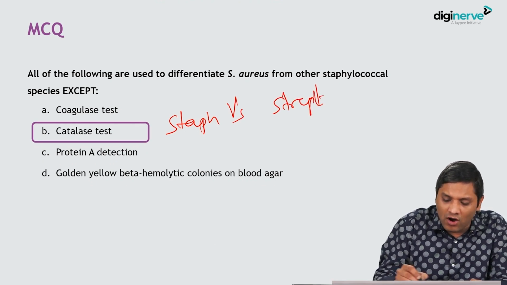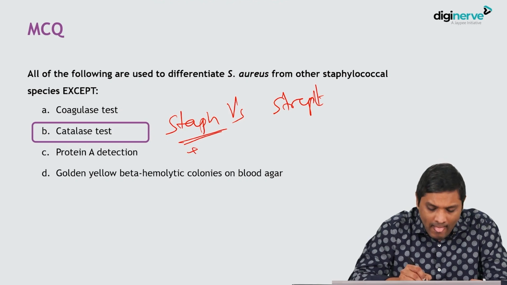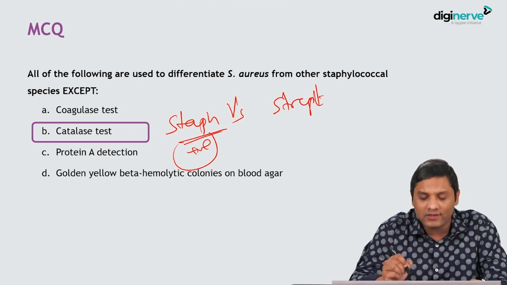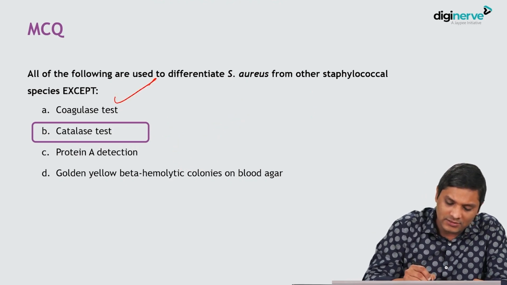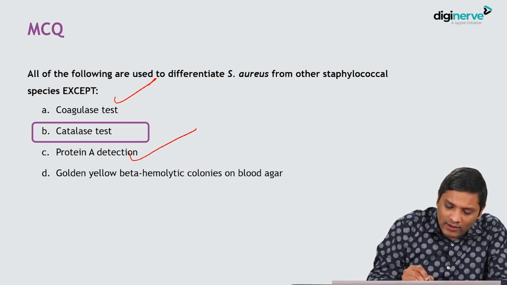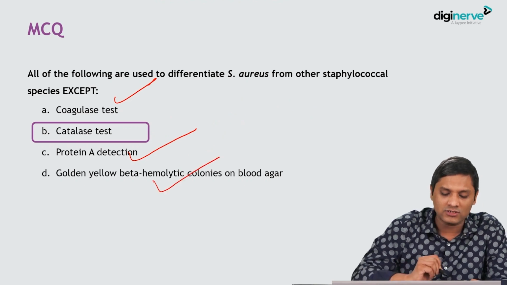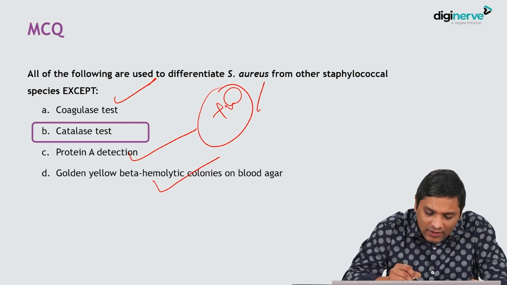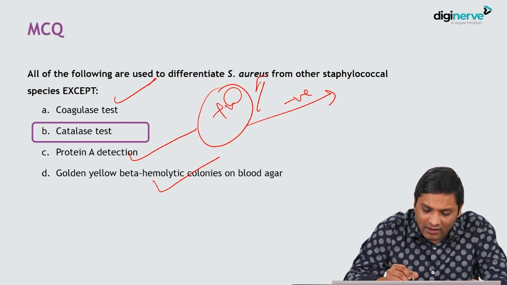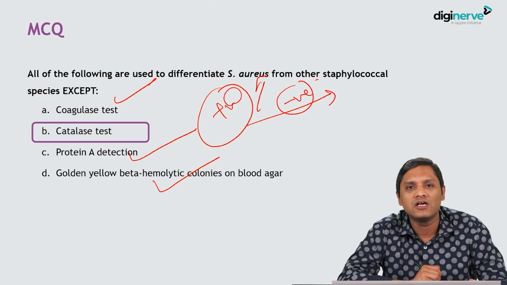It is positive for all Staphylococcus species, so it cannot differentiate Staph aureus from other Staphylococcus species. Whereas the coagulase test, protein A detection, and golden yellow beta hemolytic colonies on blood agar are all positive for Staphylococcus aureus, and negative for other Staphylococcus species.